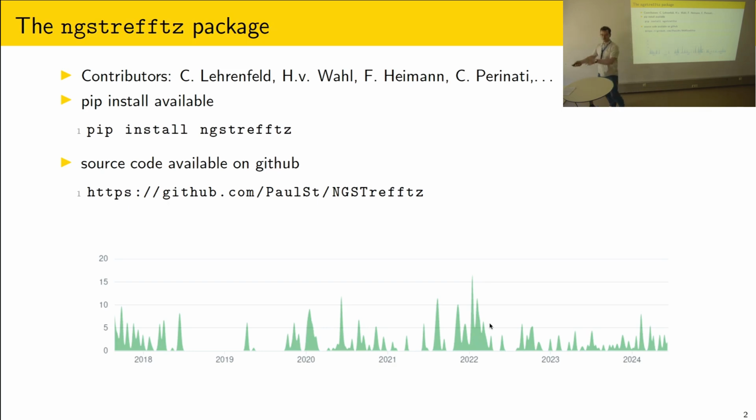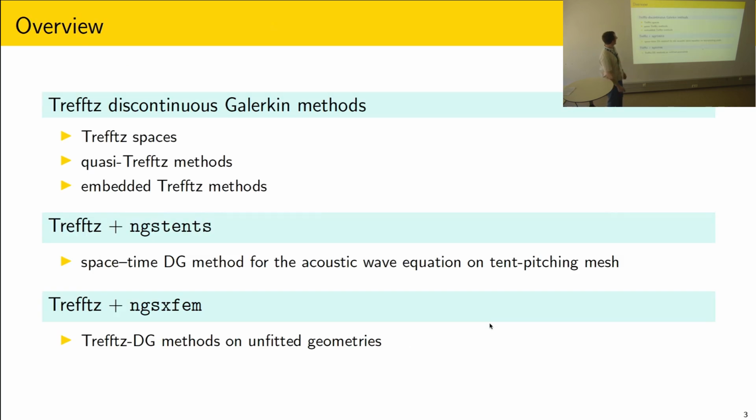I'm going with the old school version of slides to explain a bit more about the methods themselves. But there are a lot of notebooks you can try if you want to. Okay, so the overview of my talk. First, I want to explain what the Trefftz discontinuous Galerkin methods are that we're interested in. Show how Trefftz spaces work in NGSolve.